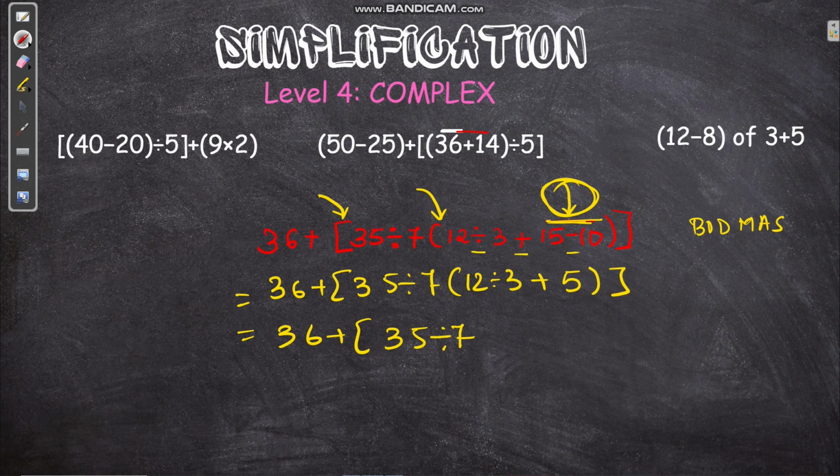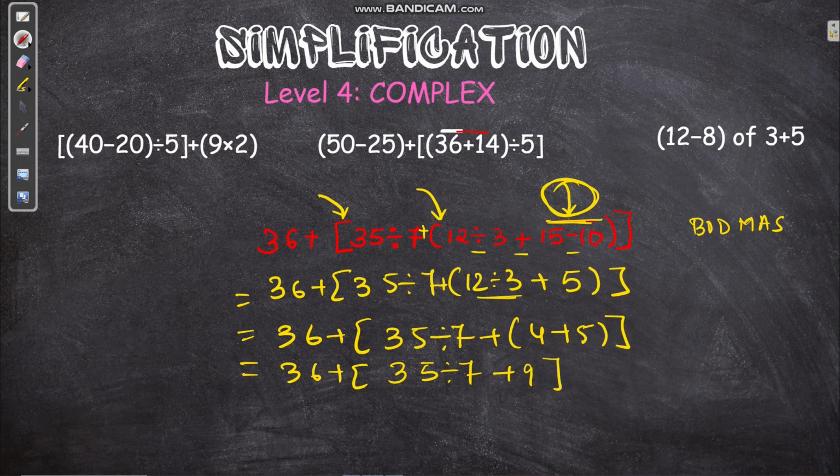Let's put an addition sign over here in between. Now I'll divide this, that is 4 plus 5. This is 36 plus. Now I'll keep this as it is. I need to solve the round bracket first, that is 4 plus 5 is 9.